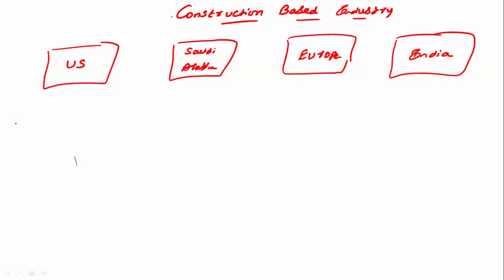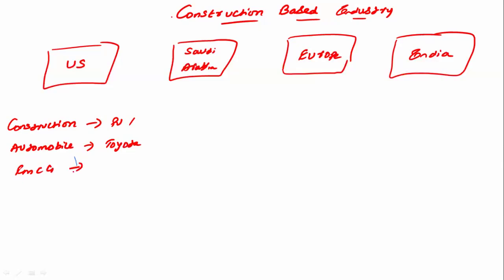Let me make a note here. So for example, construction, automobile. Let me give an example also. In India, you have Puravankara, all those things. Automobile, you can take Toyota as an example. FMCG, you have a lot of FMCG companies in the world, so you can take Hindustan.